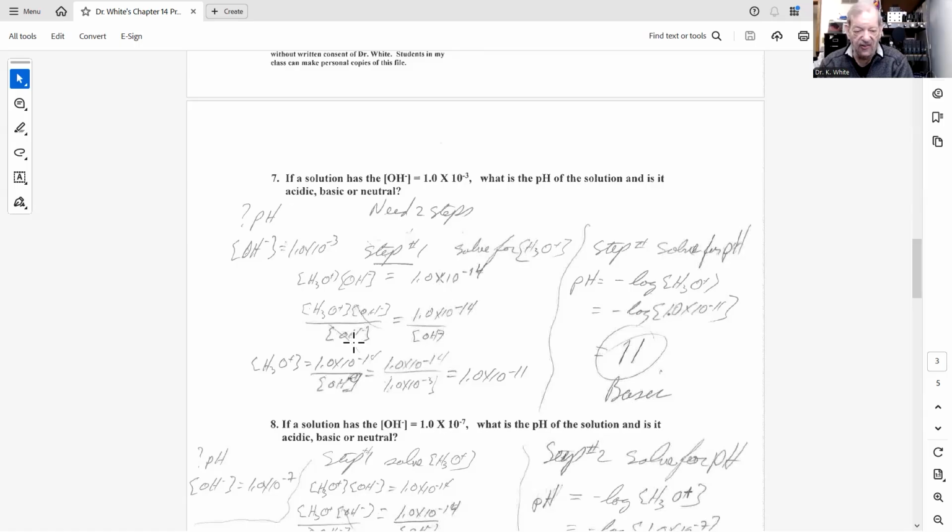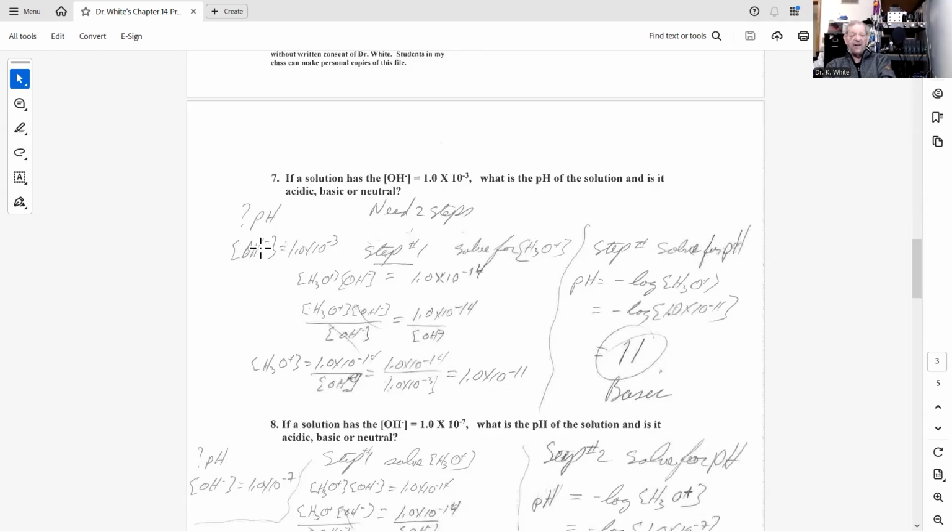So I divide this side by hydroxide concentration, OH minus, but whatever I do to one side, I have to do to the other, and I did. This cancels out, so hydronium, H3O plus, equals this. Put in the numbers, and that's 1.0 times 10 to the minus 11.